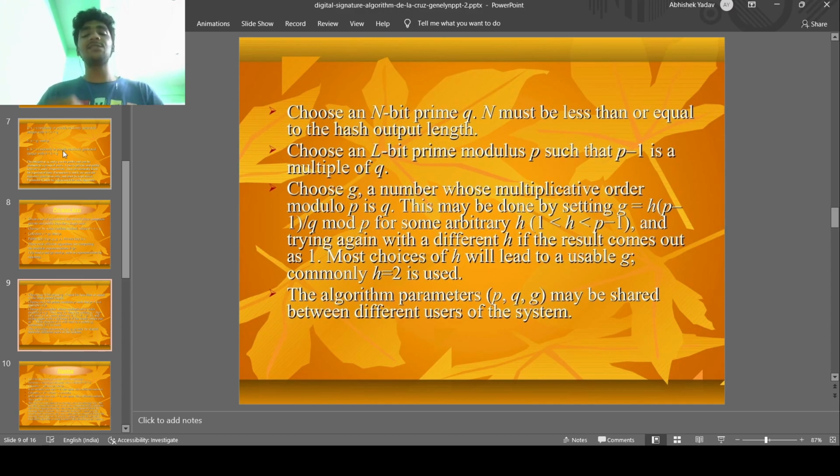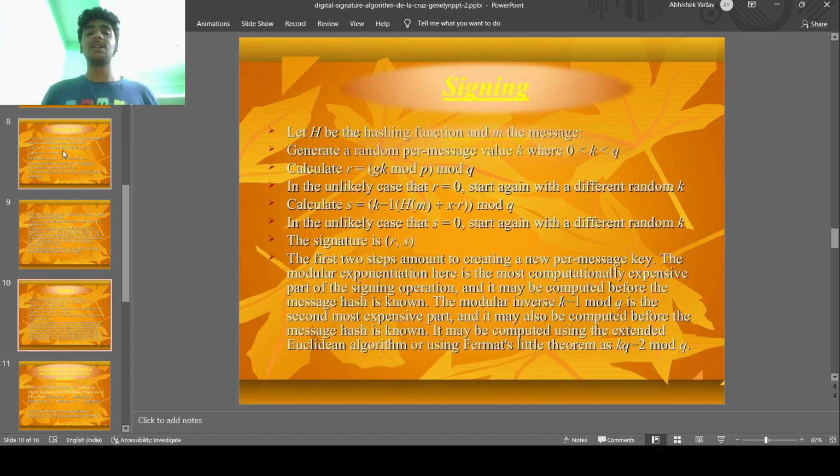Most choices of h will lead to a usable g, and commonly we use h as 2. The algorithm parameters p, q, and g may be shared between different users of the system, which is also phase 1 of key generation.